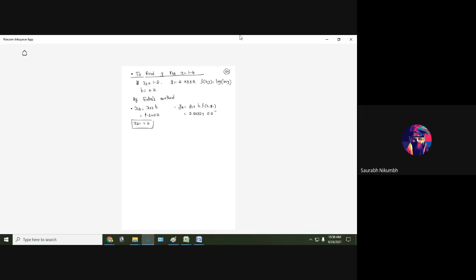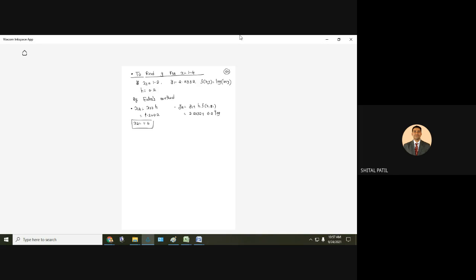Question: do we do the rectification only for the value of y1, or for every following value of y in the solution? Absolutely, it is not only for y1. We have to do it for y2, y3, y4 also. But usually in an engineering exam, it is asked to find y1 or at most y2. Got it? Yes, it is to be done for every value, whether y1, y2 or y3.